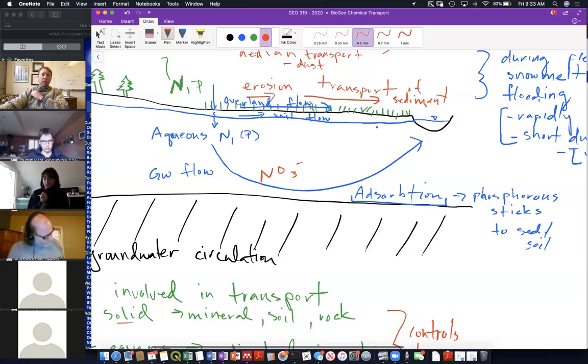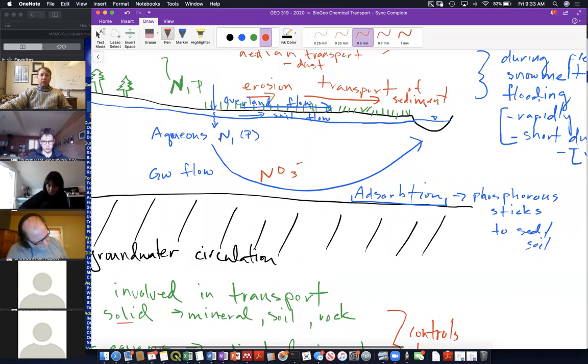Over the last couple decades, there's been a lot of focus on trying to combat eutrophication, with a lot of education and outreach with farmers, changing our fertilizers to have a lot less phosphorus in them, and changing practices so that we have less erosion.